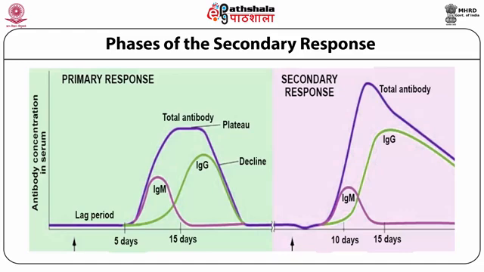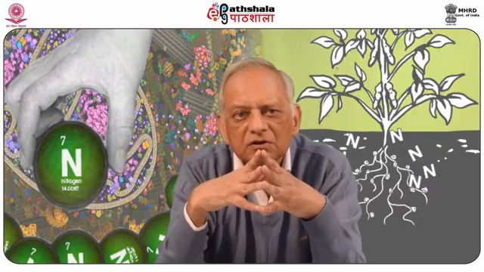The capacity to give this secondary response may persist for years in humans. This is also called memory or anamnestic response. It is this response which serves as the basis for human immunization programs.